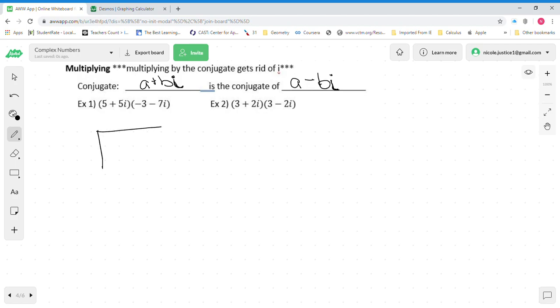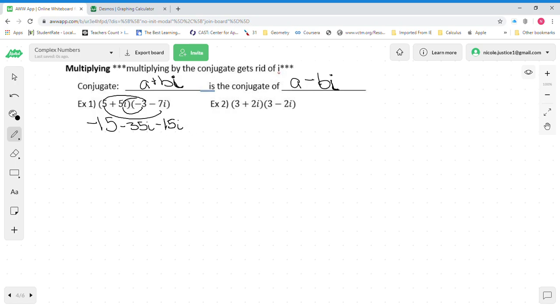If you want to use your box to multiply it, you can, but I'm just going to FOIL it out. So FOIL, I'm going to do my firsts. 5 times negative 3 is negative 15. I'm going to do my outers. 5 times negative 7i is negative 35i. I'm going to do my inners. 5i times negative 3 is negative 15i.